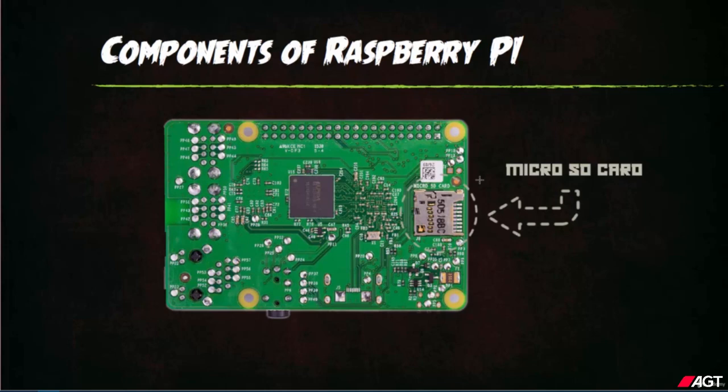So don't plug in your micro SD card into your Raspberry Pi right now. First, we will install the Raspberry Pi operating system on the micro SD card. Then we will plug the micro SD card into Raspberry Pi, right?